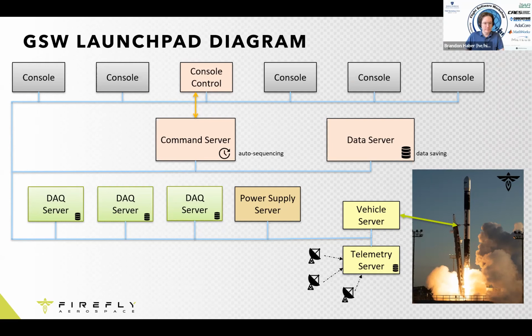Okay. All right. Next question in from Leonidas. What's the standard you follow for the certification of the launchpad software? What standard? I forgot the name, actually. Let me look that up real quick.